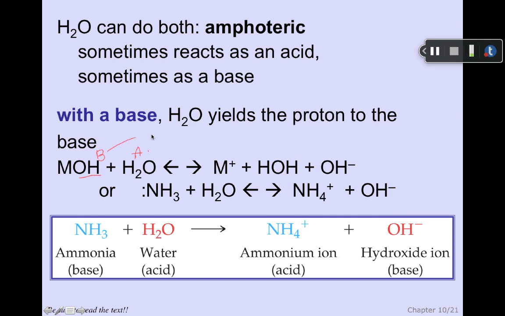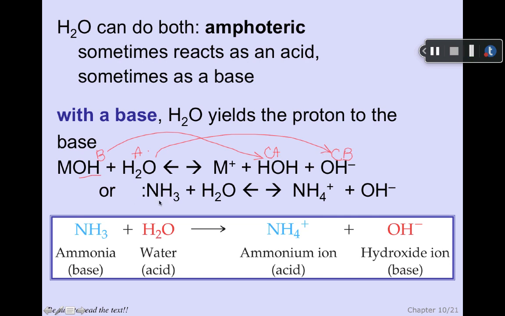And so the hydroxide turns into its conjugate acid, namely H2O, and this water turns into hydroxide ion, which sounds a little funny, but it has turned into its conjugate base. So in this case, the water has been able to donate a proton.